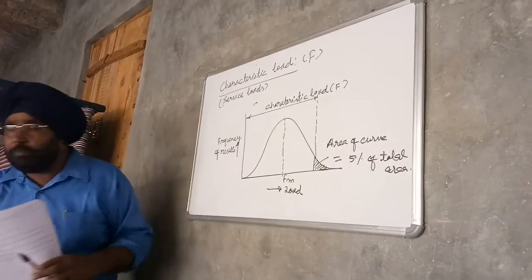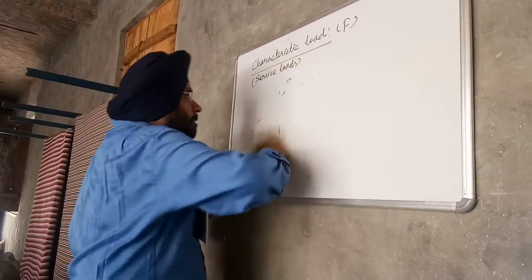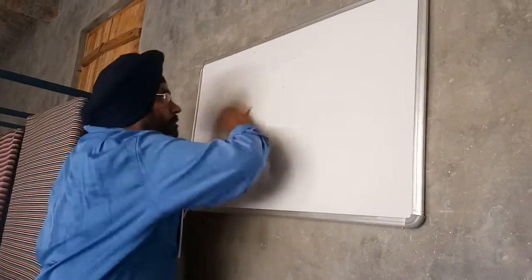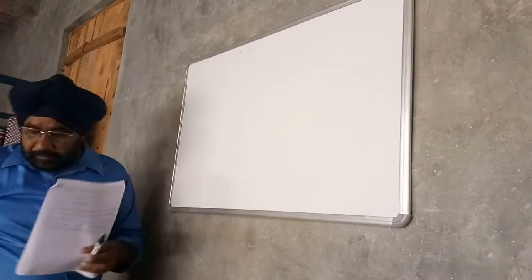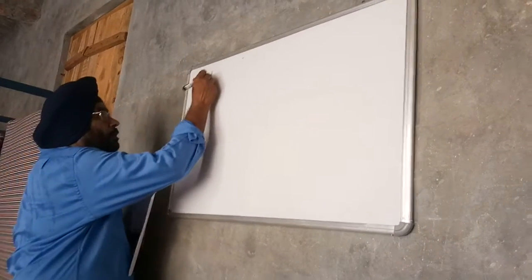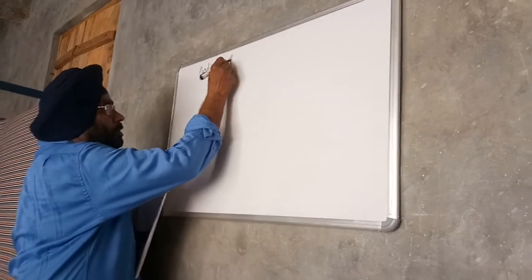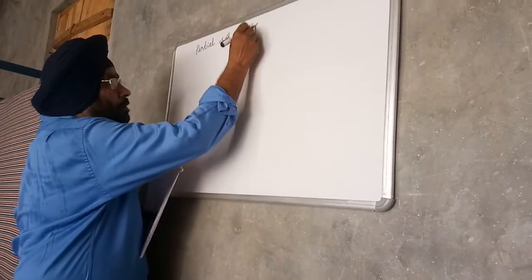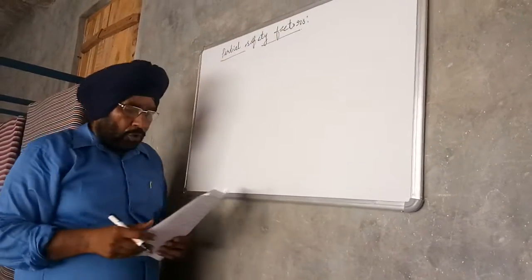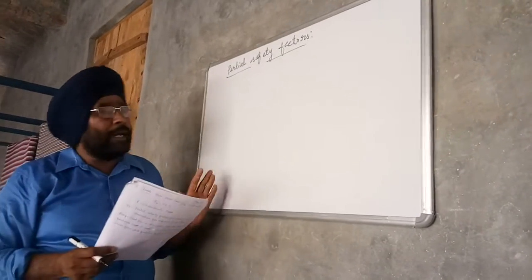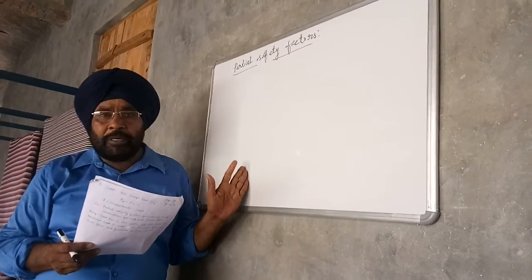Then next is partial safety factors. These are the factors which, when applied to the characteristic load and characteristic strength of the material, give design values.